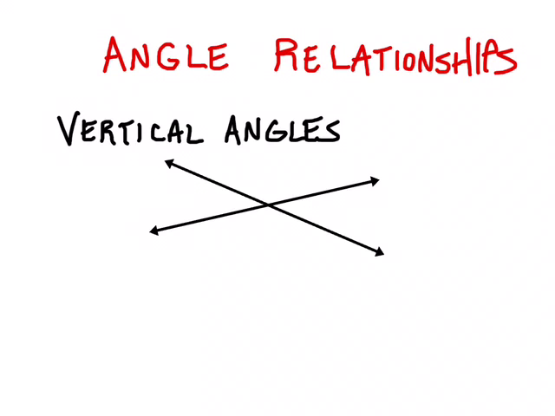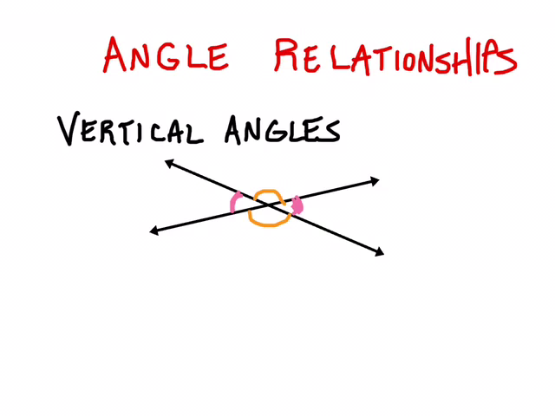And vertical angles are angles that are opposite each other in the intersection. So for example, these two pink angles that I'm marking here would be vertical angles. Similarly, these two orange angles would also be vertical angles. So they're opposite each other at the intersection of two lines.